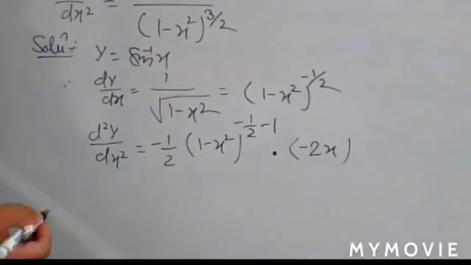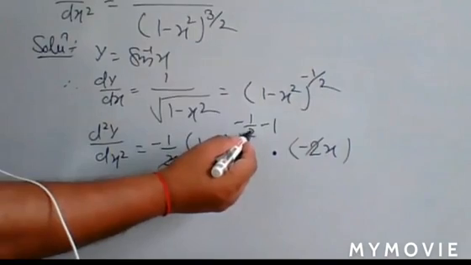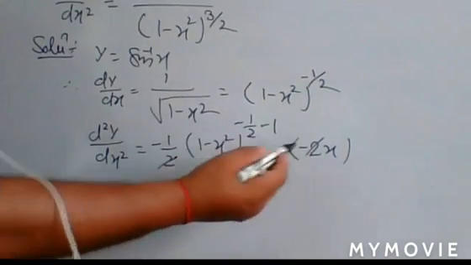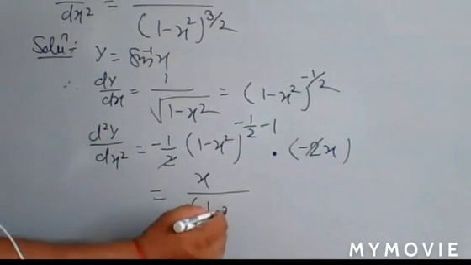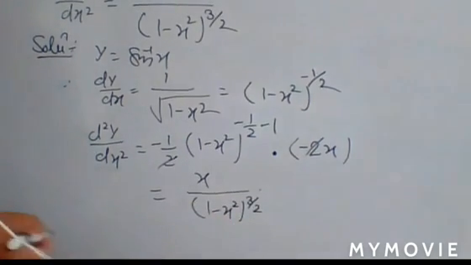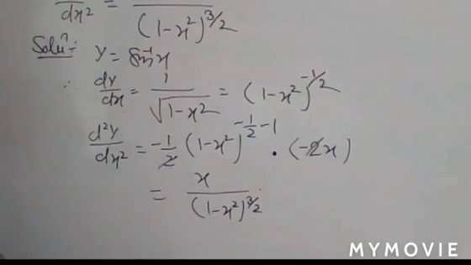The 2 and this 2 cancel out, and you have minus and minus, which is positive. So x upon (1 minus x square) whole power 3 by 2 is your answer. This proves your result. In this question you see that for the second derivative you have to take the derivative of dy by dx again. Okay, note.